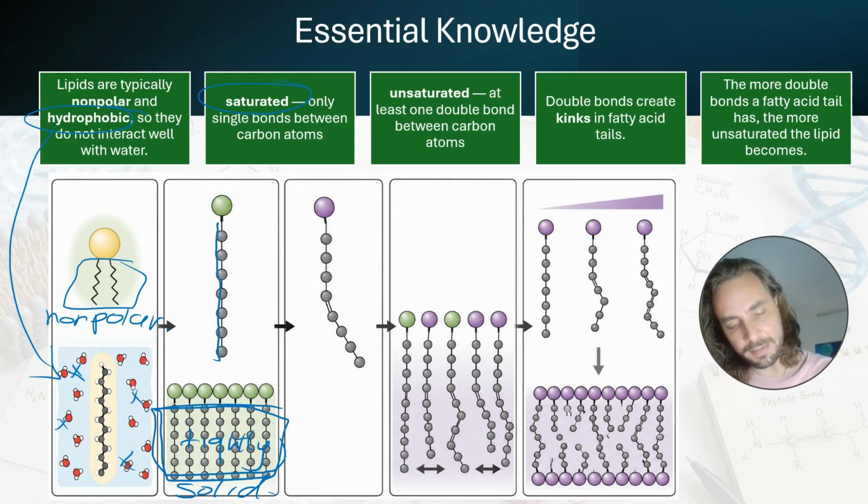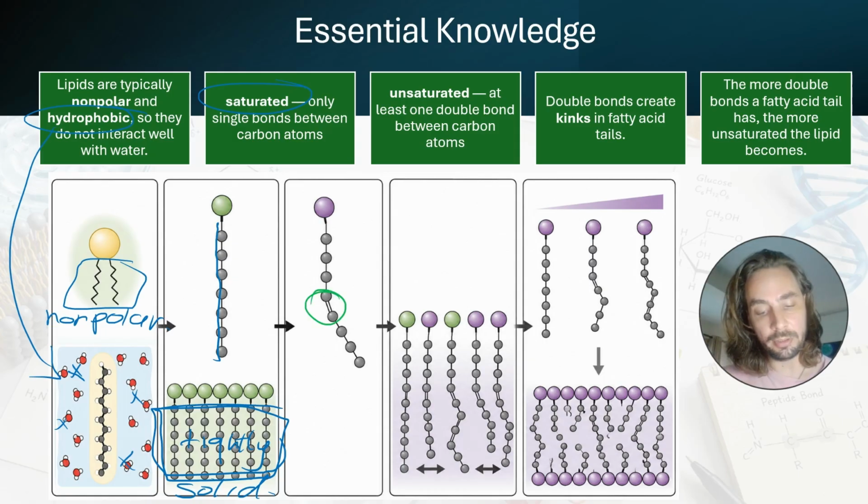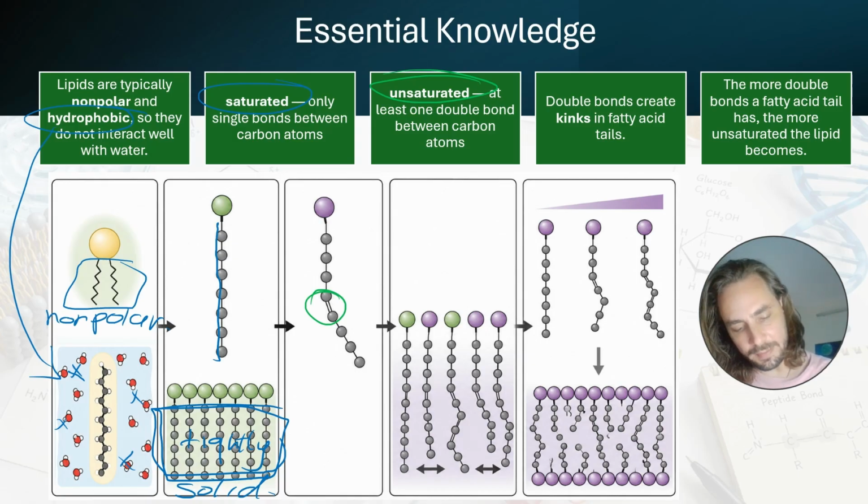If it is unsaturated, you have a double bond, okay? One or more double bonds makes it unsaturated. And if it's unsaturated like that, there is more space in between these fatty acid chains.